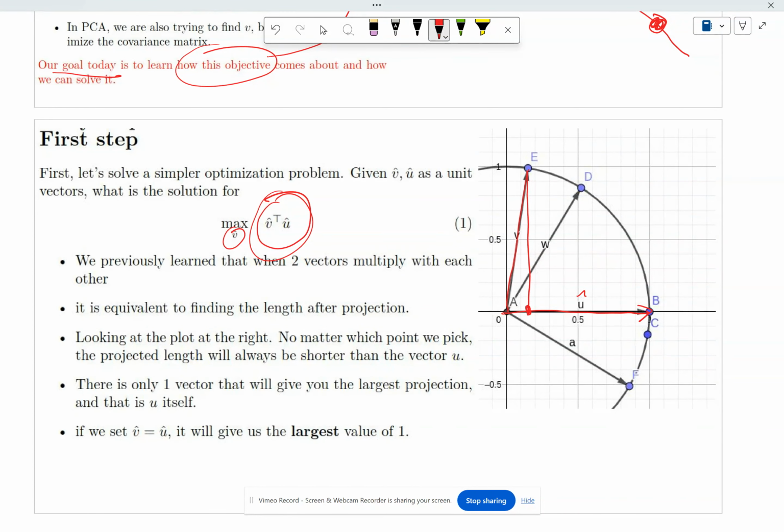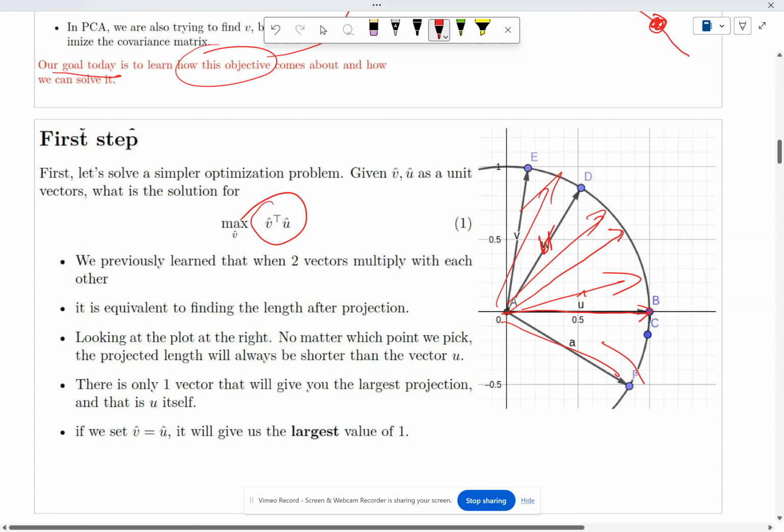Or if V is this one here, you take the dot product, you're going to get this one. So, geometrically, if you look at it, which V should you pick out of all these such that you would maximize this entire thing?